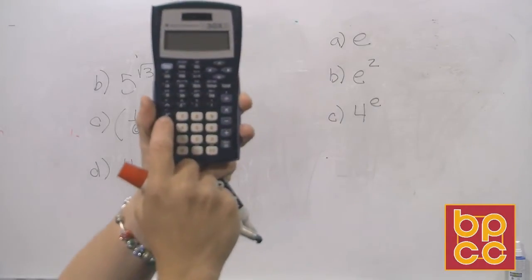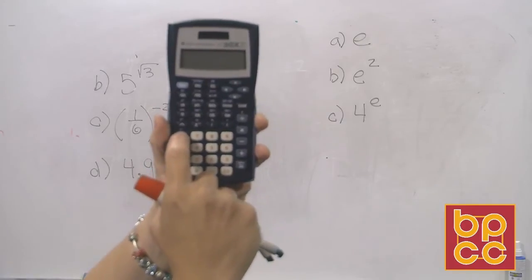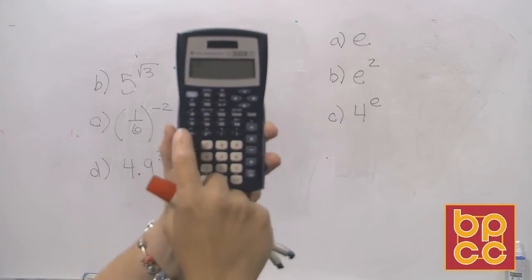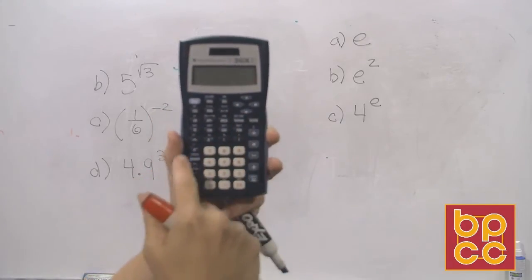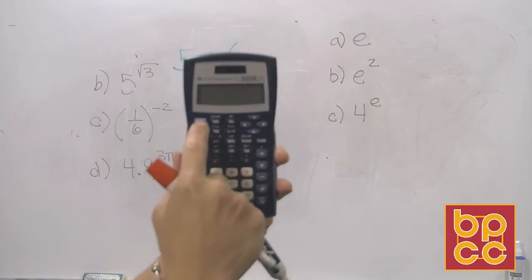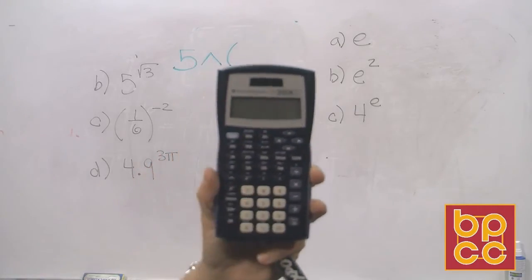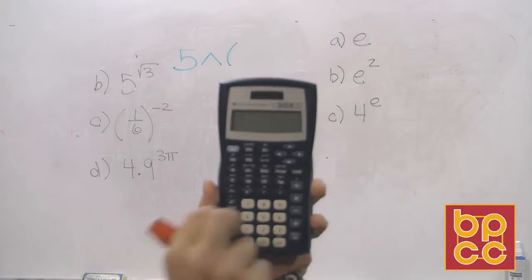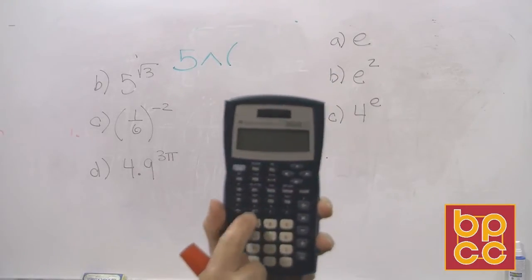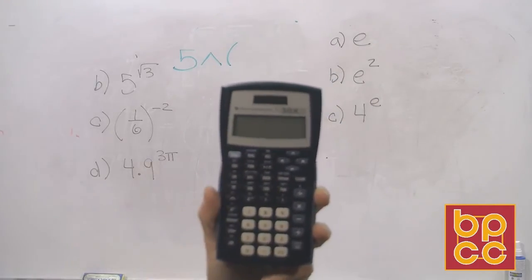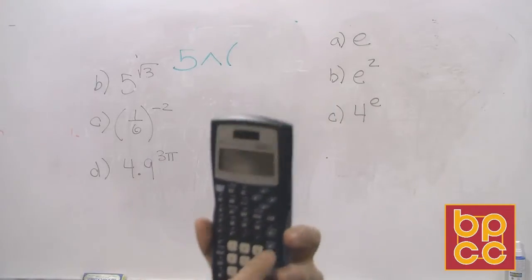So here's my x squared button, and above it in blue is written square root. So anything on this calculator that's written in blue, that's why there's a blue button to hit, second or shift. So if it's not an actual button to touch, but it's above in a color, that's why you have a second or shift button in the same color.